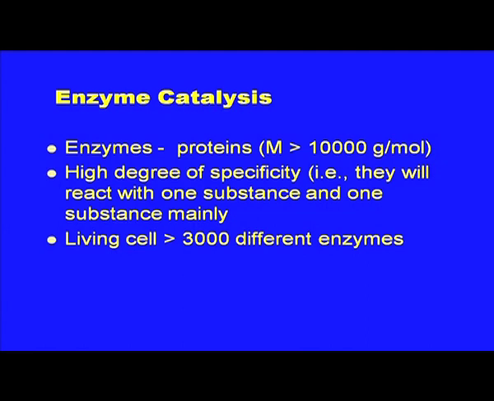Now, living cells are found to contain around 3000 different enzymes. Just imagine a living cell, its dimension, and in that dimension there are about 3000 different enzymes. How complicated is the machinery, with so many processes going on within such a small region.